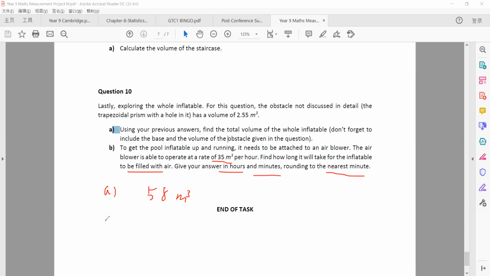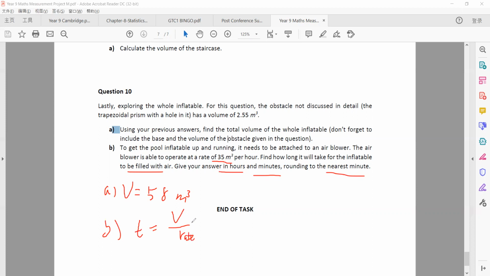So for question B, how do we do it? We just use the total volume divided by the rate, so that gives you the time. We can write time equals volume divided by the rate.